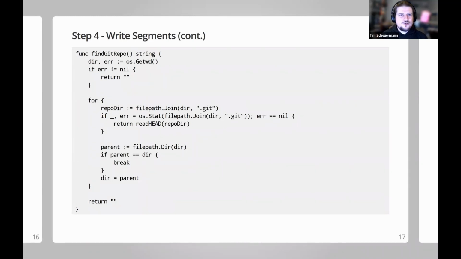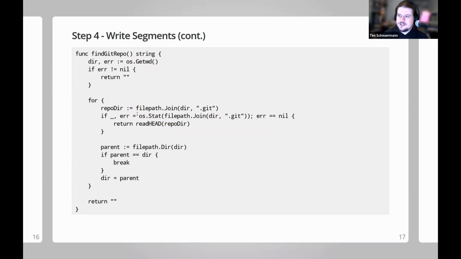I've pasted you the code here for the Git segment. As I mentioned, I didn't want to call any external commands. So I needed to find a way to detect where we are, if we are in a Git repo. And that's actually fairly easy because you can just go up the chain of directories and look if there's a .git directory in it. And if there is, you can read the head file. That's what read head does here.